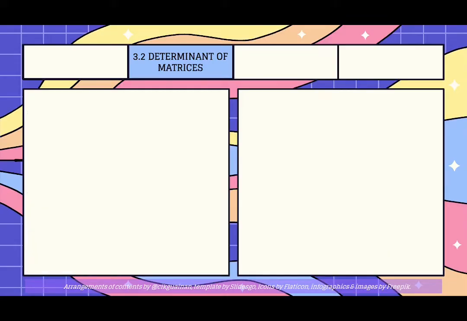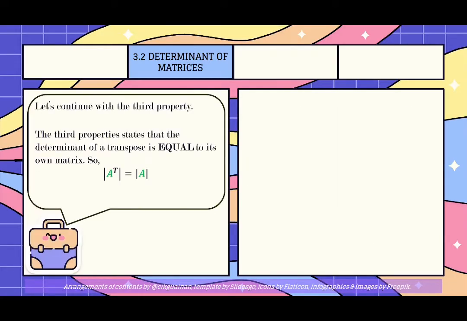Let's continue with the third property. The third property states that the determinant of a transpose is equal to the determinant of its own matrix. So, it's like we just take out the T and then make it gone. That's all, because they have the same determinant.